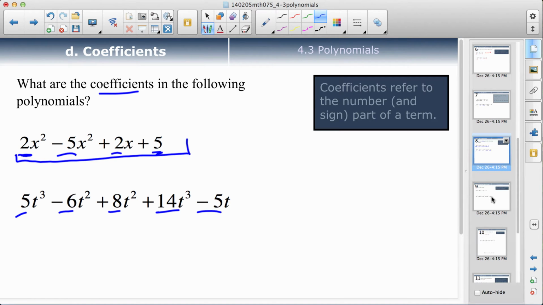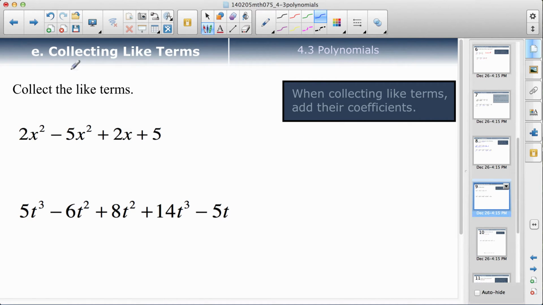Now, knowing what those coefficients are helps us when we are collecting like terms, because when we collect like terms, we add or subtract their coefficients. So when I look at this expression, this one is the same as that one. They're both x squareds. So I can add or subtract their numbers out front and leave the variable alone.